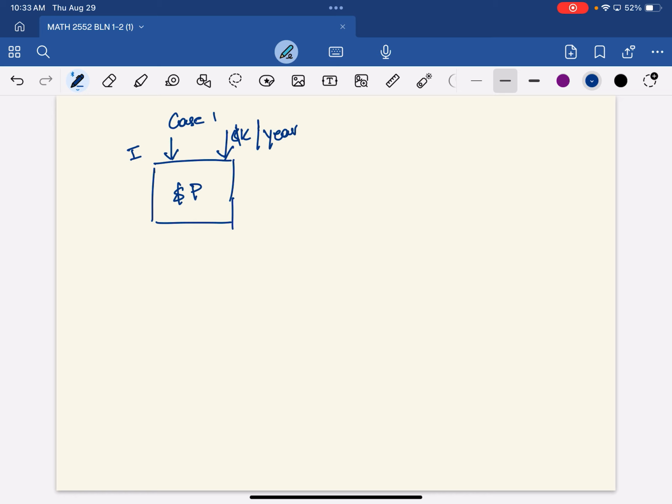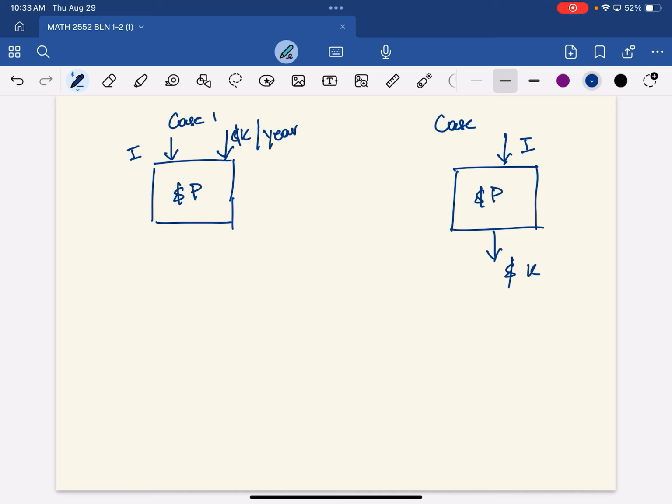Case number two is, let's say you have P dollars in your account and the interest is being accumulated, so the money is flowing in, but you're also withdrawing some dollars for expenses. So there is some inflow and there is some outflow.